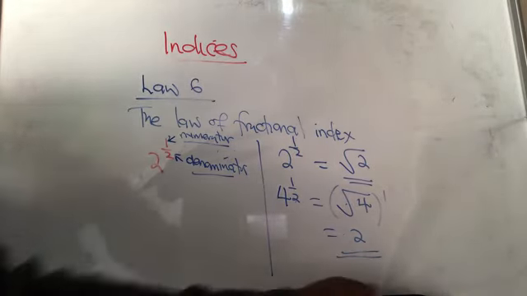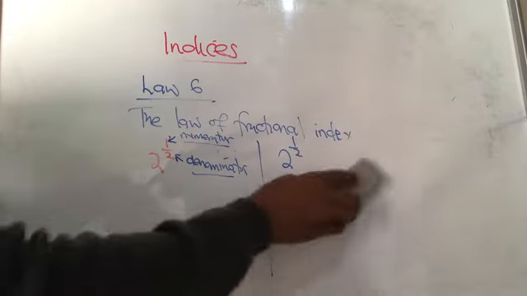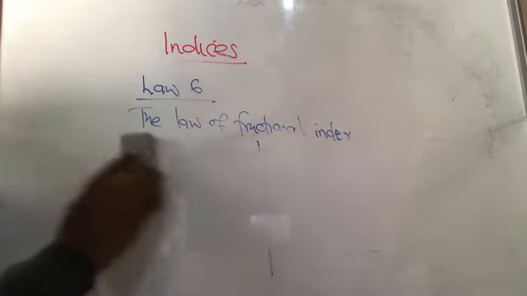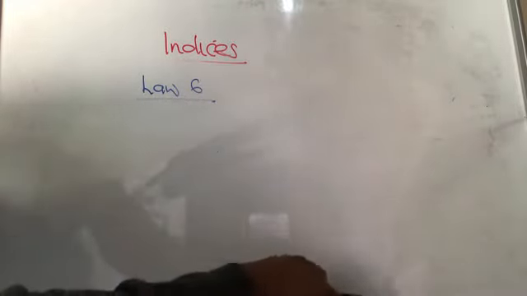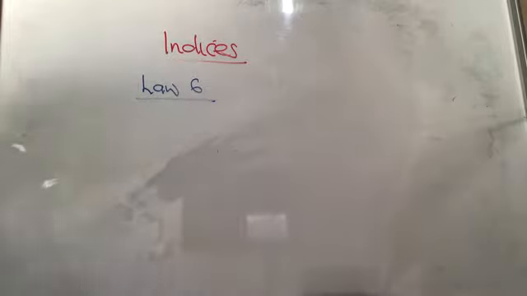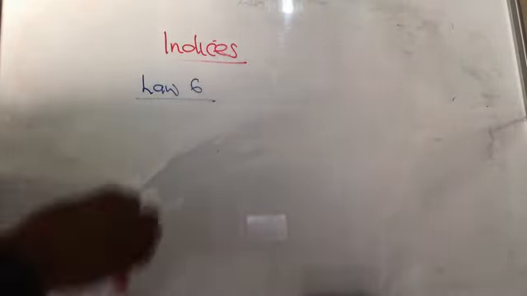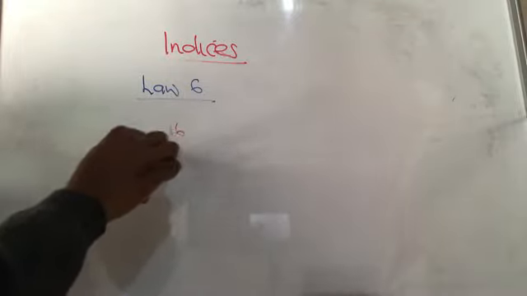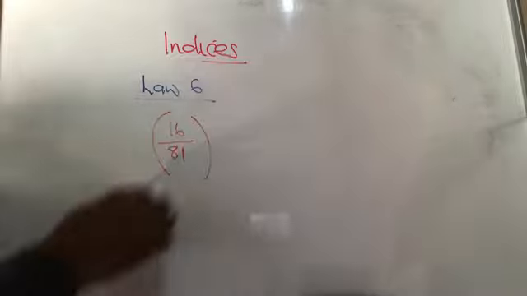Alright, let's look at another example of law number 6. Law number 6 can come in different ways. For example, we can have 16 over 81 raised to the power of half.